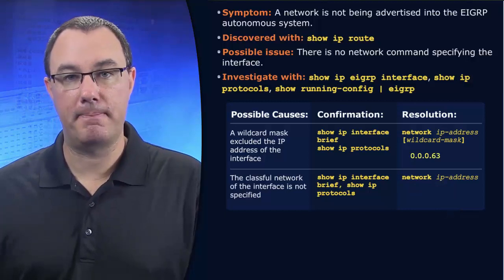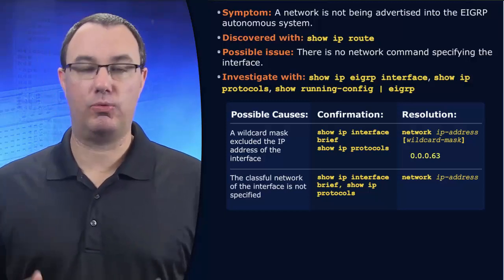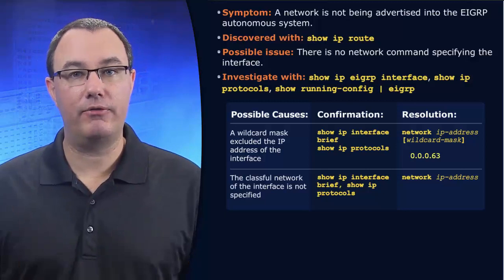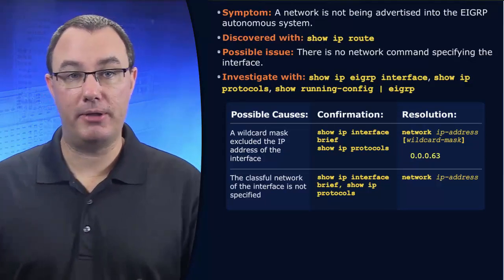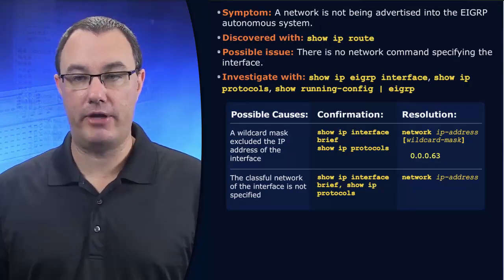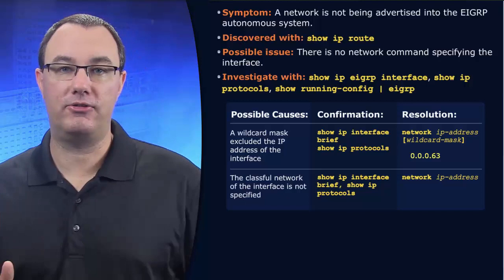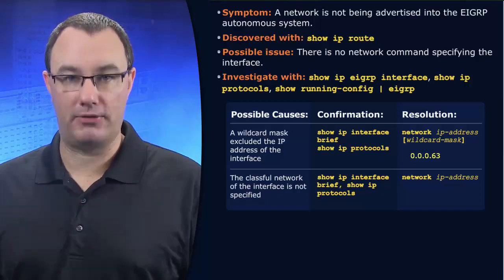So be good at working with network statements. This should never be a place where you're rusty. At this level, we have to be really good about saying, okay, show IP interface brief is going to tell me the interface IP addresses that I have. Are there network statements that turn on the routing protocol for all of these IP addresses?